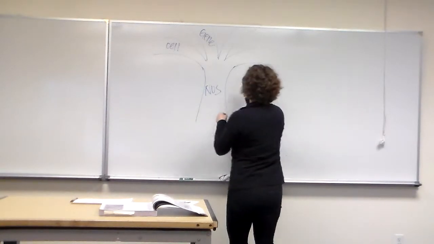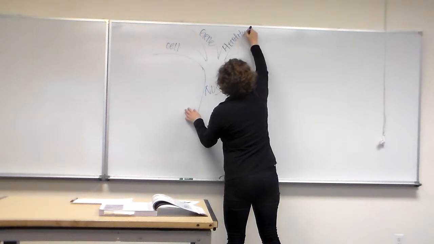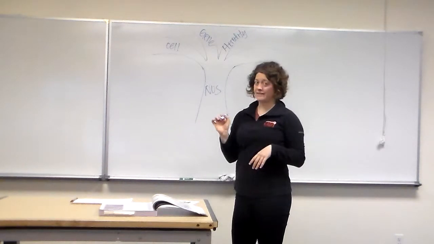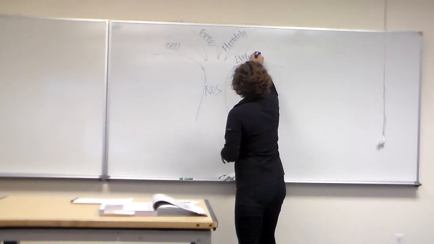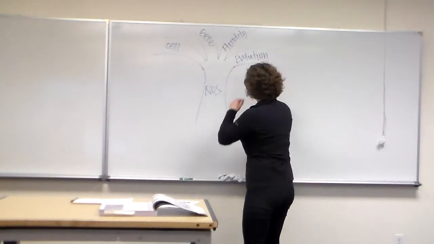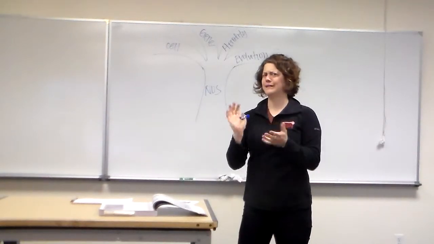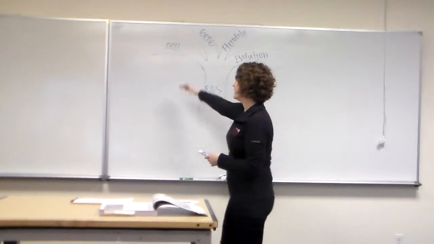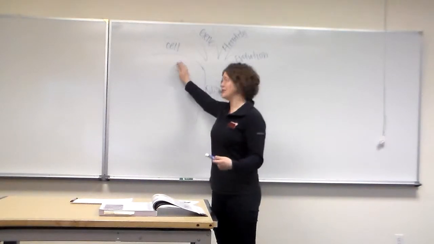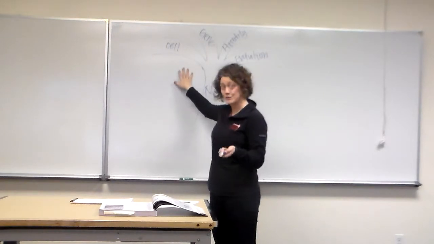We have a heredity branch. And last but certainly not least, we have the evolution branch. We're going to spend approximately equal amounts of time this semester covering each of the branches, and then, to go further with the analogy here, the little subsequent tiny little branches and twigs poking off of each major branch.